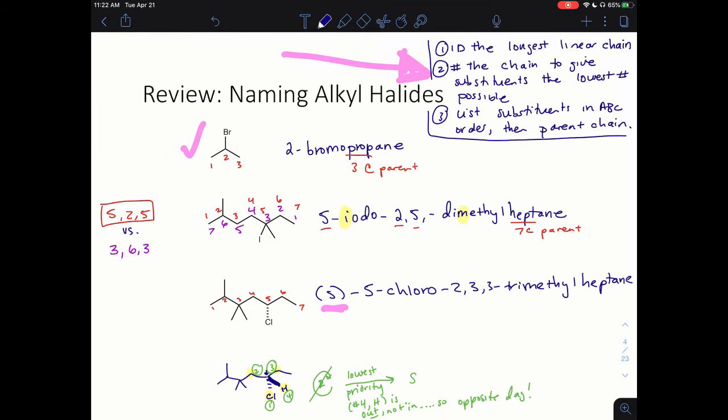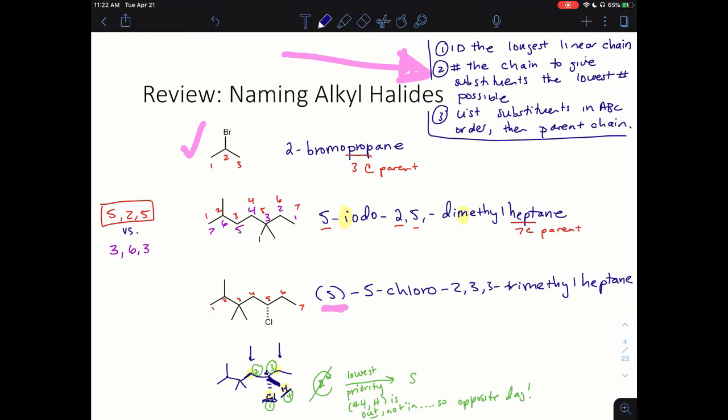We go by atomic number, so chlorine is the highest priority, hydrogen is the lowest priority, and then this substituent ends up having higher priority than this one. At first, it's a tie, right? The two carbons are tied because they're both carbons. So you look at what they're bonded to.